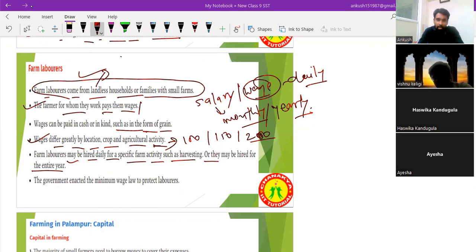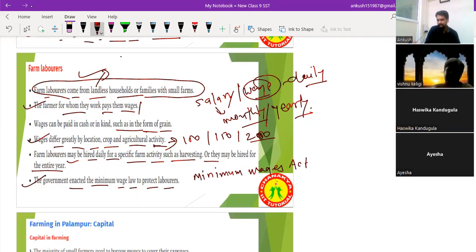The government enacted the Minimum Wages Act to protect laborers. The Minimum Wages Act was introduced in the year 1948. This Act was enacted by the government of India to ensure proper wages to the laborers.